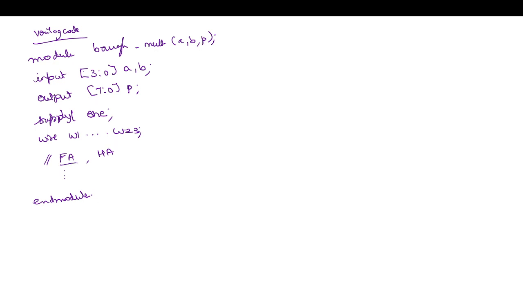So we are instantiating this. These are not the inbuilt primitives, so we have to define half adder. Input x comma y, output S comma C out.